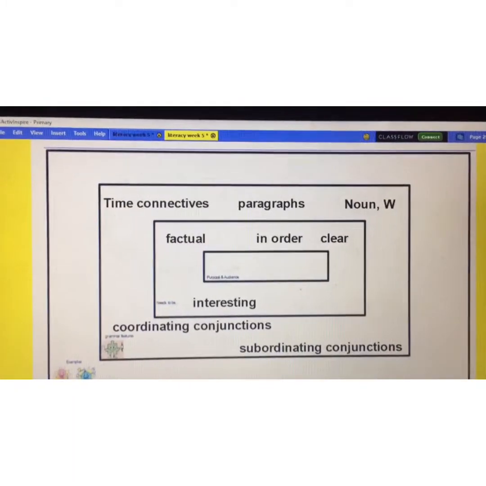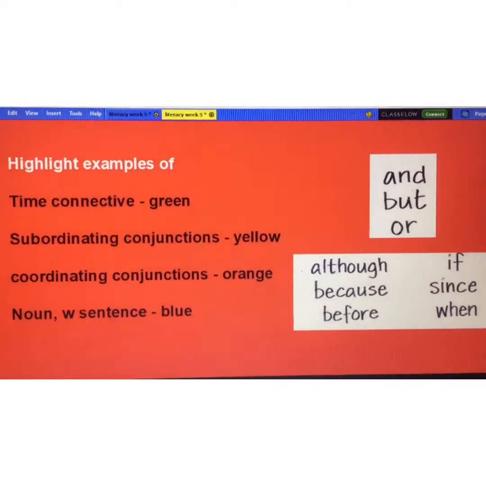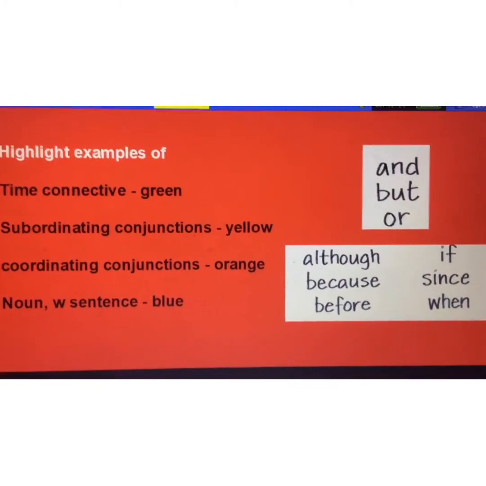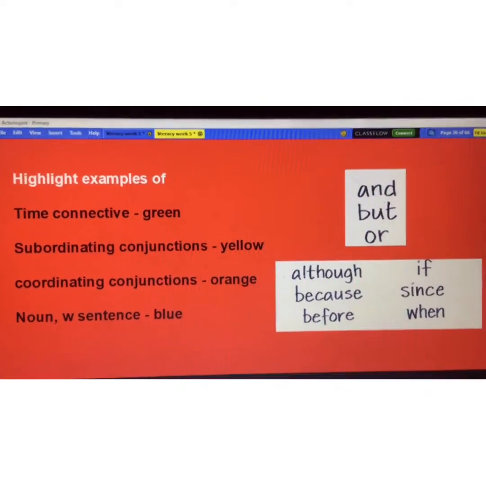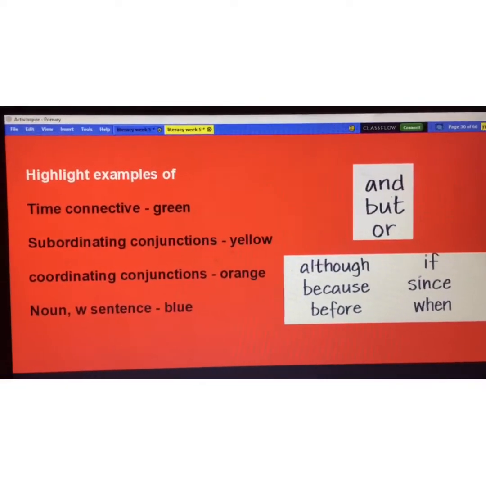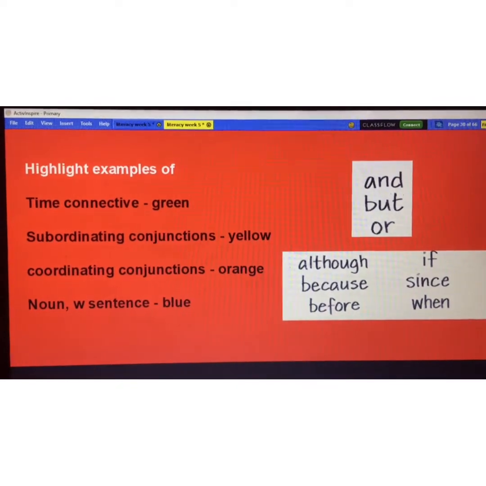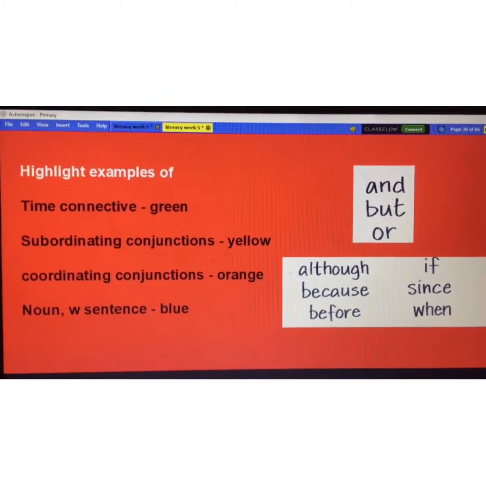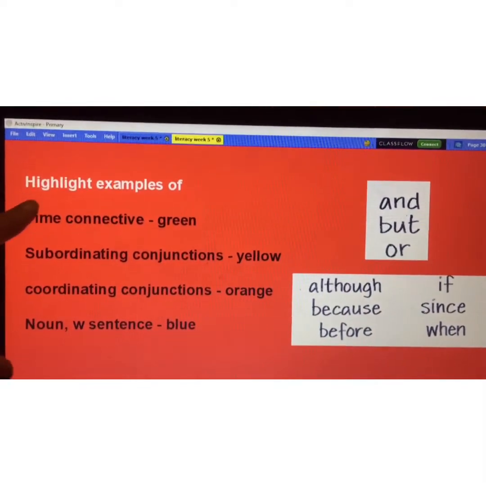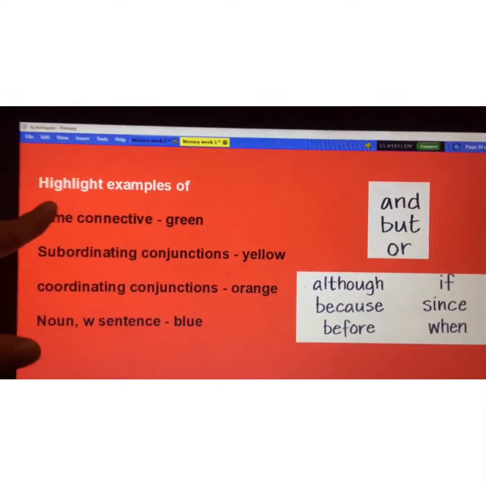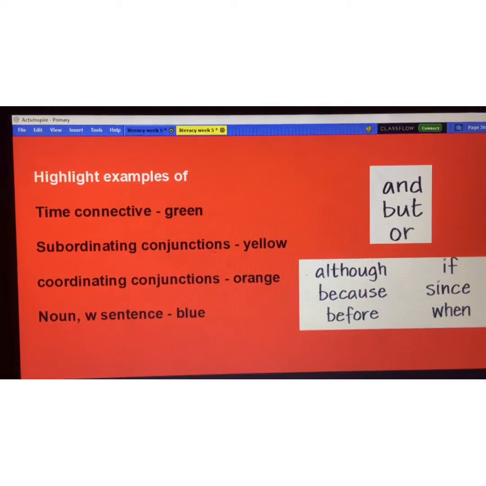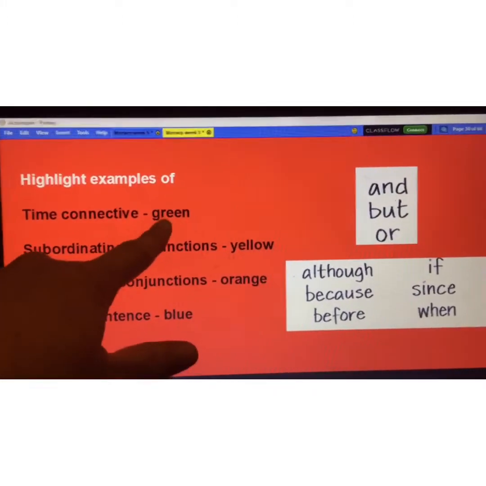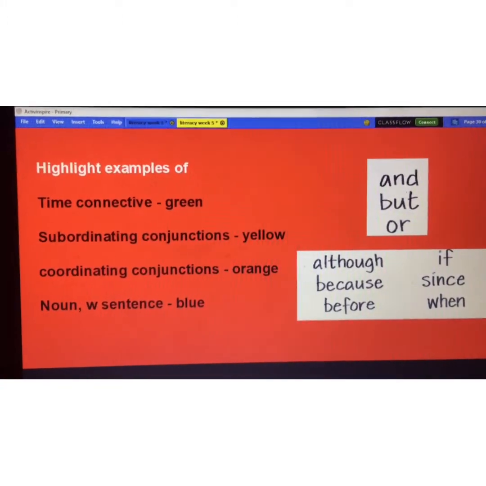So there are 2 tasks for you to do today. The first one is I would like you to have a little look through the waggle, which is attached. And I would like you to underline some different features. So the ones that we are going to be focusing on are these top 3. So I would like you to find any time connectives that you can see, and I would like you to underline them in green.